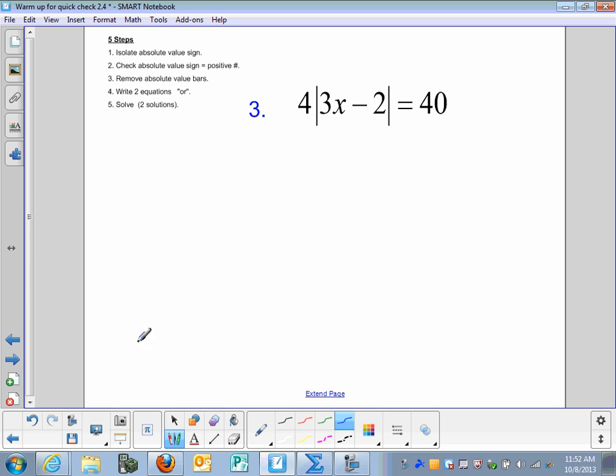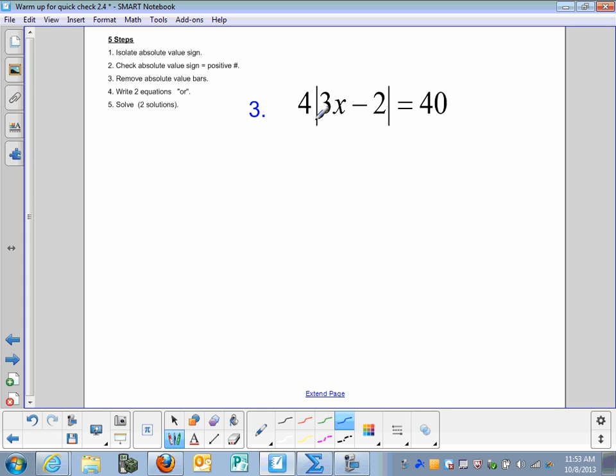Problem 3. 4 times the absolute value of 3x minus 2 is equal to 40. Step 1. Isolate the absolute value sign. So the absolute value of 3x minus 2 in this instance is being multiplied by 4. So we are going to do the inverse and divide each side by 4.